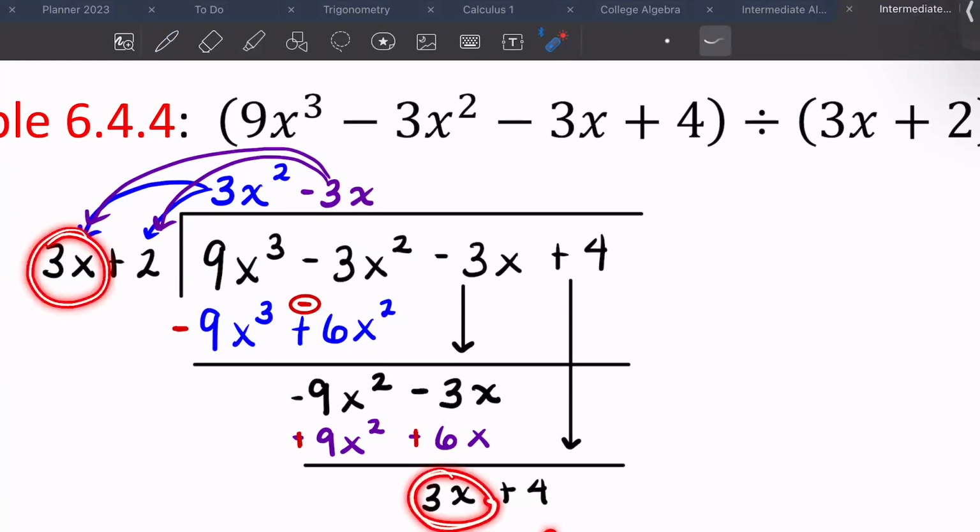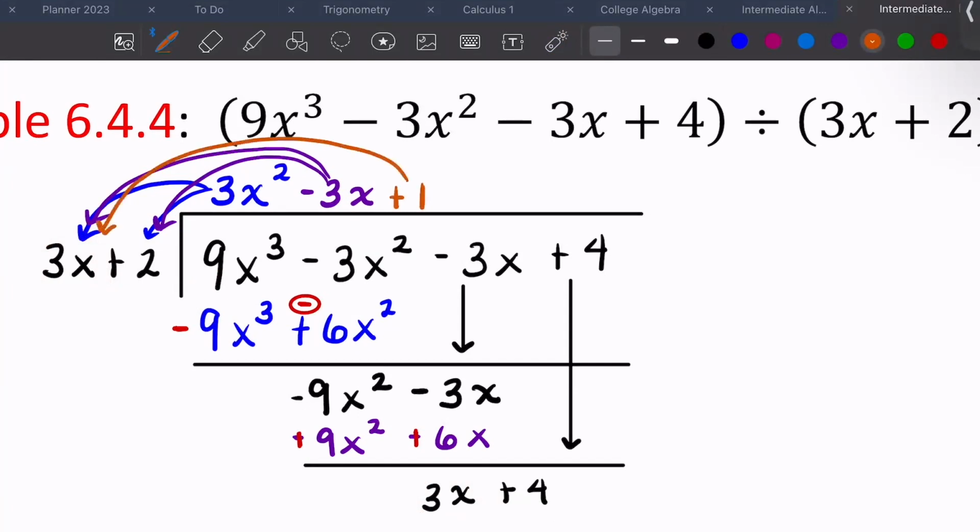Well, if I need to multiply 3x by something to get 3x, I just need to multiply by 1, right? So 3x times 1 is 3x, so they match. And then 1 times 2 gives me 2.